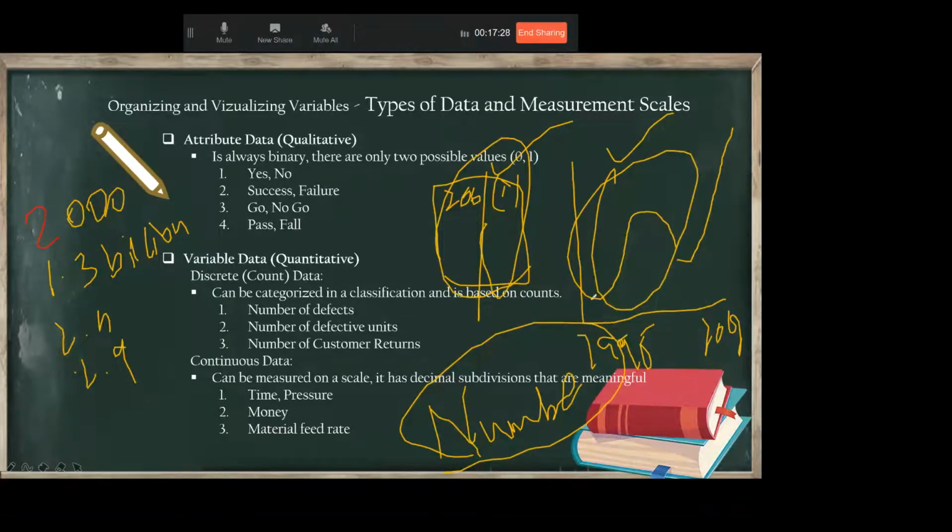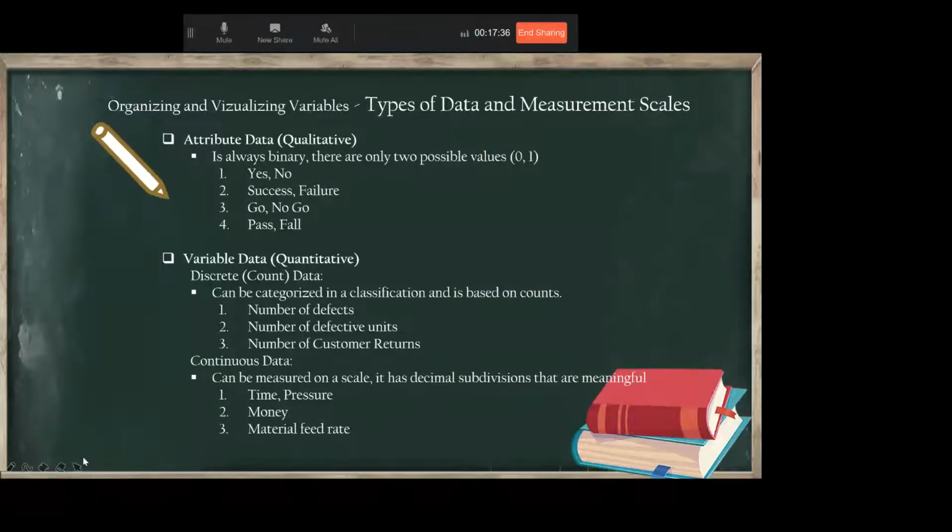But before that, we need to review a little bit about different scales and about qualitative and quantitative data. The qualitative, which is also known as attributive data, what is that? Remember, we used to present the data and characterize it.